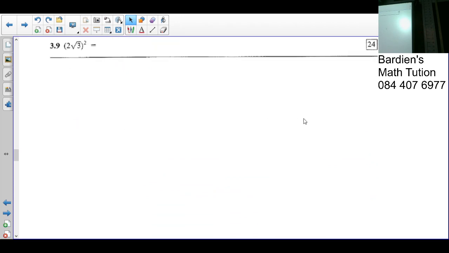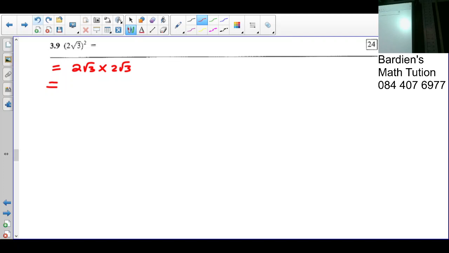The last question in question 3. What does 2 root 3 squared mean? Does square mean to say whatever is inside the bracket or its base must be written twice? So it's 2 root 3 times 2 root 3. Now what?